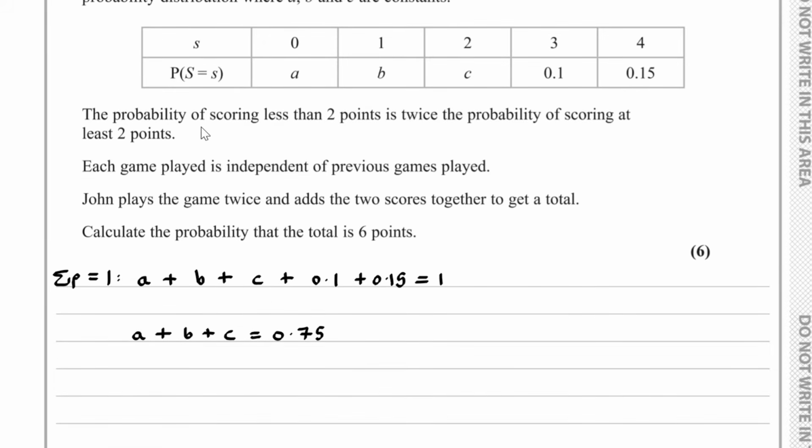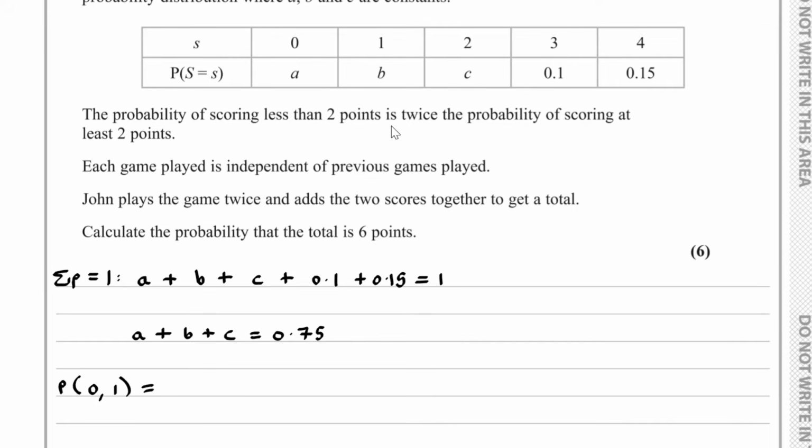We also know from the question that the probability of scoring less than 2 points is twice the probability of scoring at least 2 points. So what does this mean? It means over here the probability of scoring less than 2 points, well that's the probability of scoring a 0 and scoring a 1.